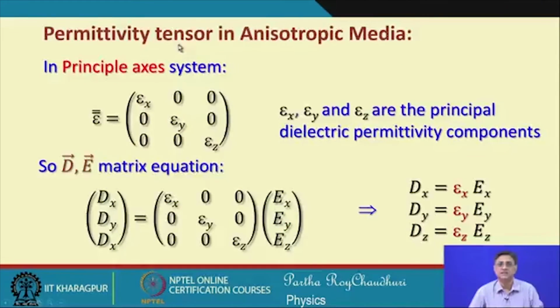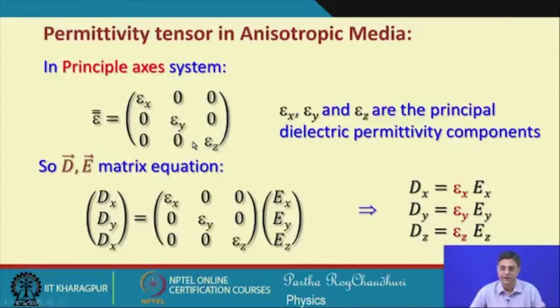So, in such a principal axis system, we can write the permittivity tensor with epsilon xx, epsilon yy and epsilon zz, because there are no other cross components xy, yz or zx. In the short notation, we can write that epsilon tensor as epsilon x, epsilon y and epsilon z. These are the 3 principal dielectric permittivity components of the medium.